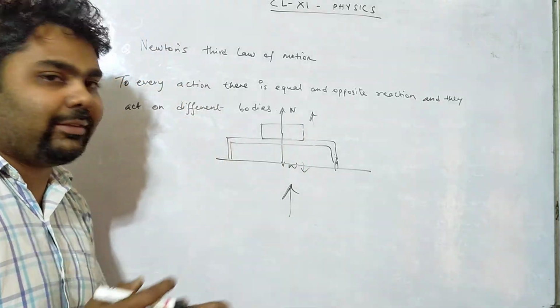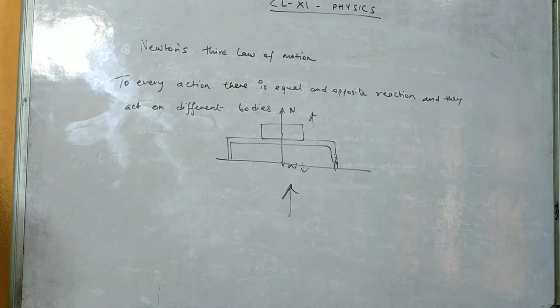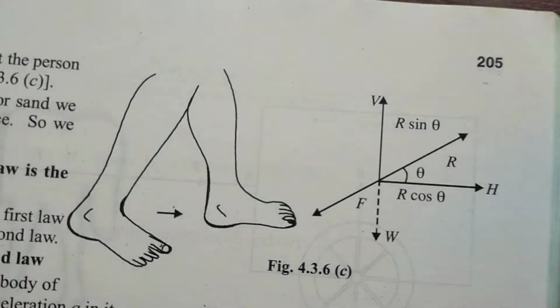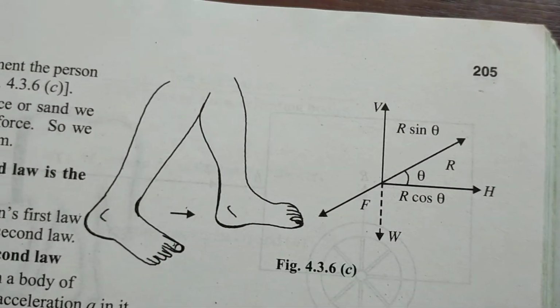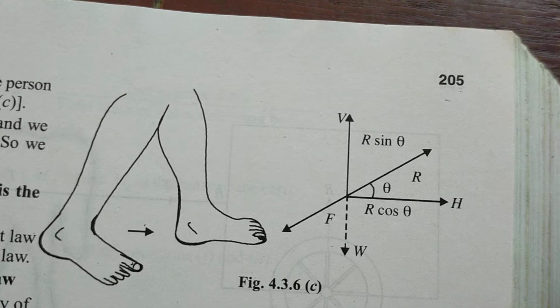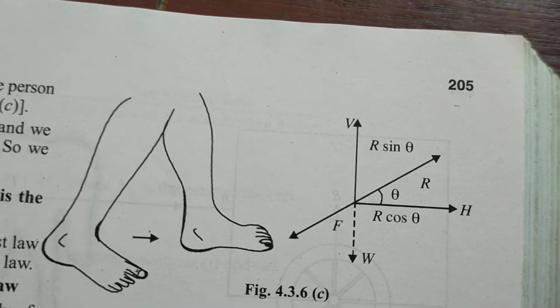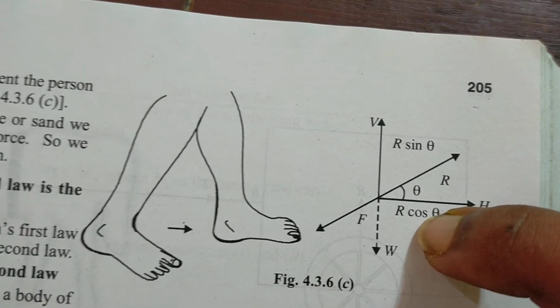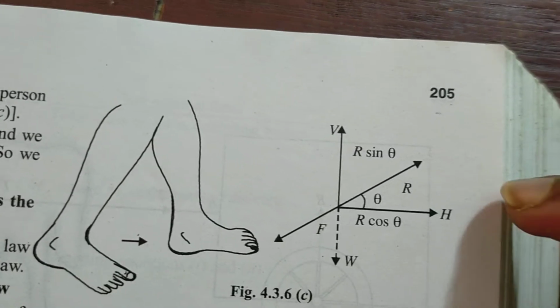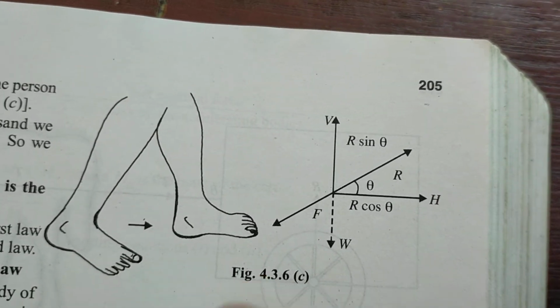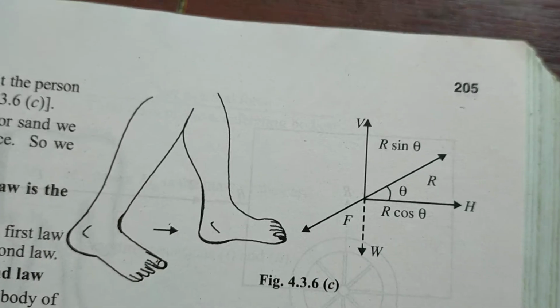So there are many examples related to Newton's third law of motion. On your screen you can see when we are trying to walk in the forward direction, this reaction force is resolved into two components, one is R cos theta and one is R sin theta, right? Where R is the reaction force, the force which the earth is exerting in the upward direction.